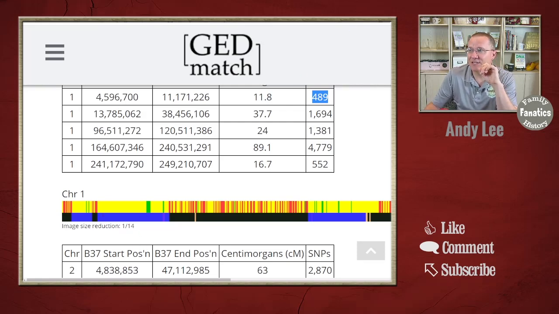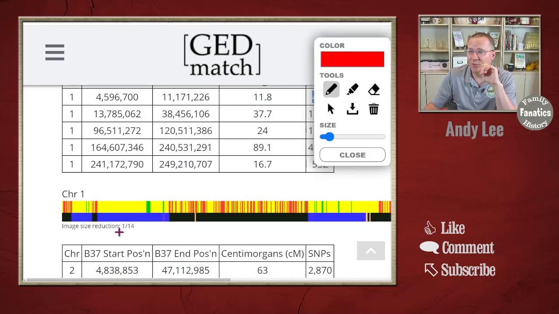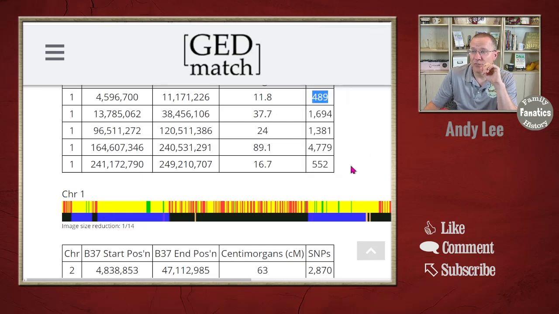In this case, one little tiny bar is 14 SNPs. So for instance, this first one is 489 SNPs long. From here to here is 489 SNPs.